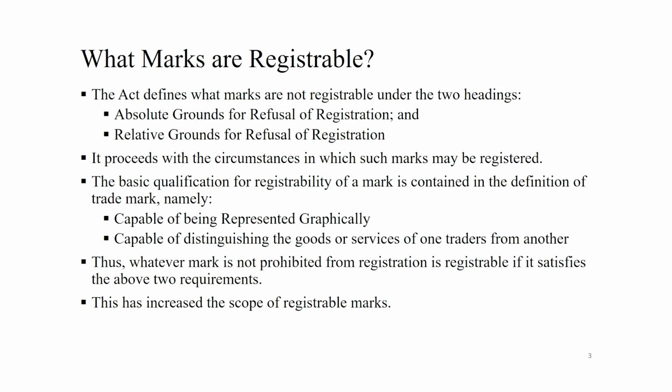So, we concluded that whatever mark which is not prohibited under section 9 or section 11 and which fulfills the requirements of graphical representation and distinctiveness will be eligible for registration.